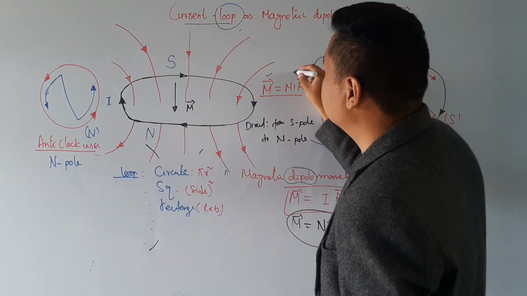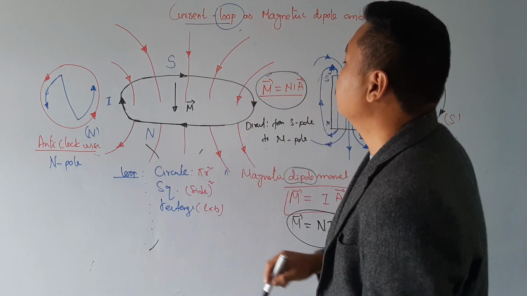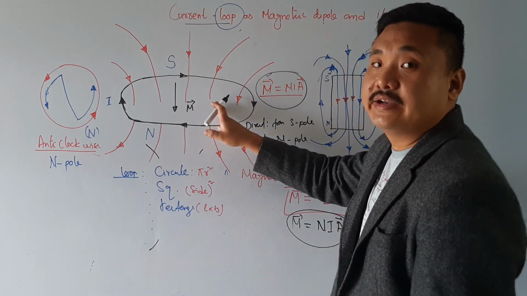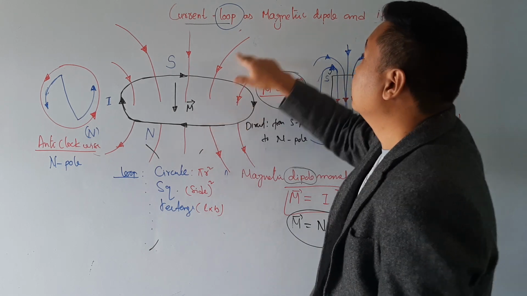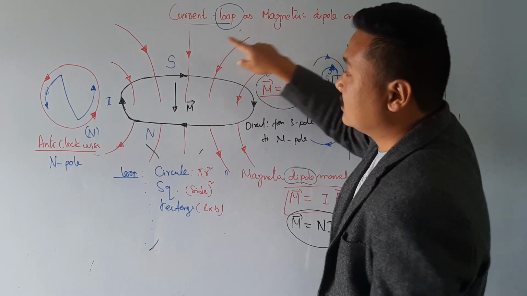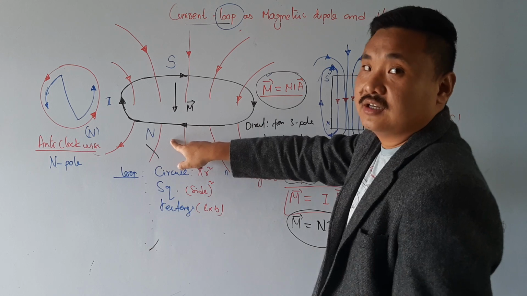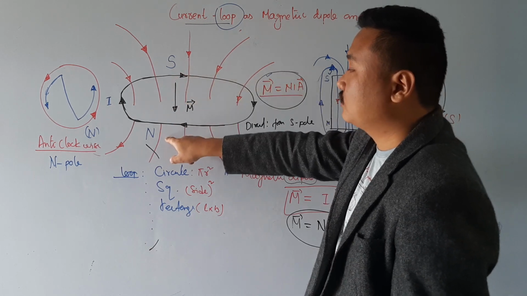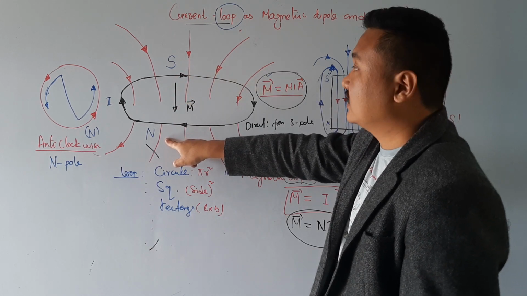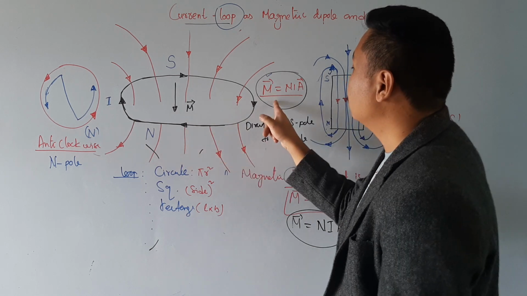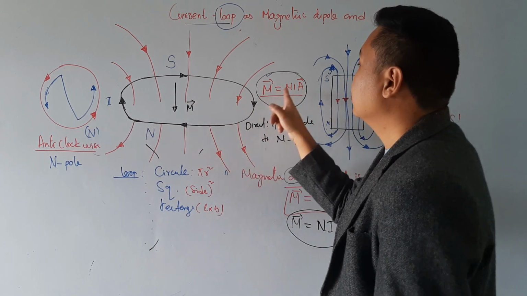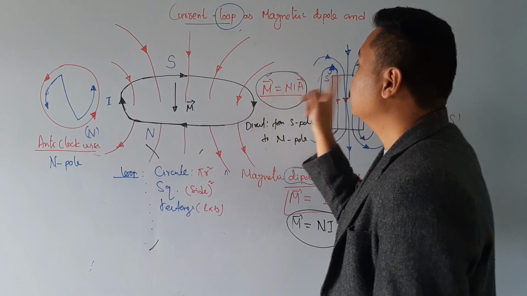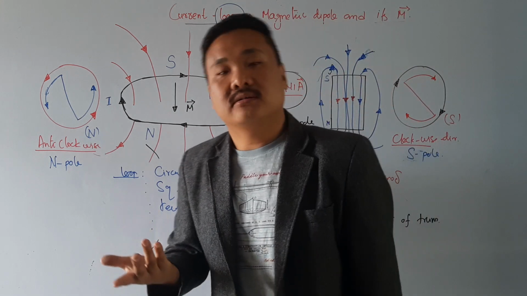So this is my definition of dipole moment of a current loop. We said that a current loop is a magnetic dipole. Why? Because there is south pole and north pole. And if it has south pole and north pole, we define that the magnetic moment is M equal to I into A. And for N number of turns, there will be M equal to NIA. Okay, thank you.